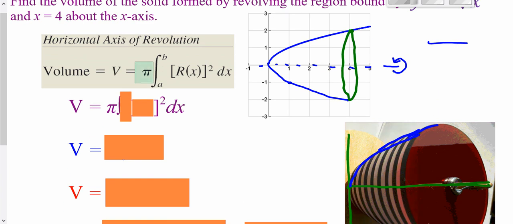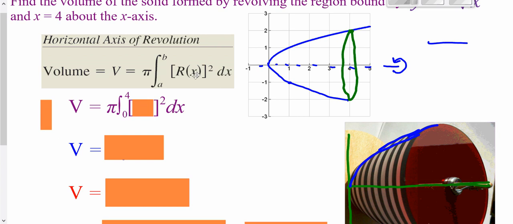We need to have our pi, because remember, the area of a circle or disk is pi r squared. We're dealing with x because we have a horizontal axis of revolution. So then your two bounds need to be your x's. It starts at 0 and goes all the way over here to 4, so the bounds on your integral are 0 to 4.